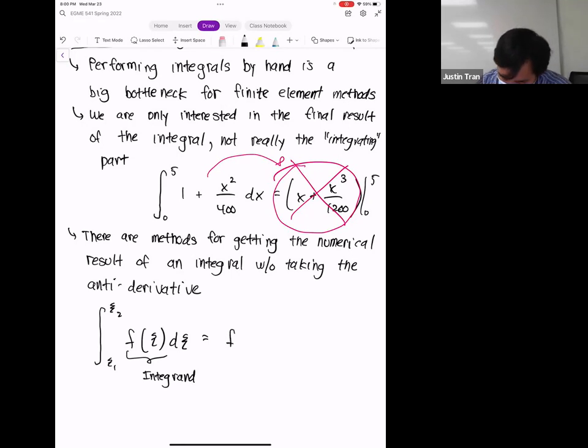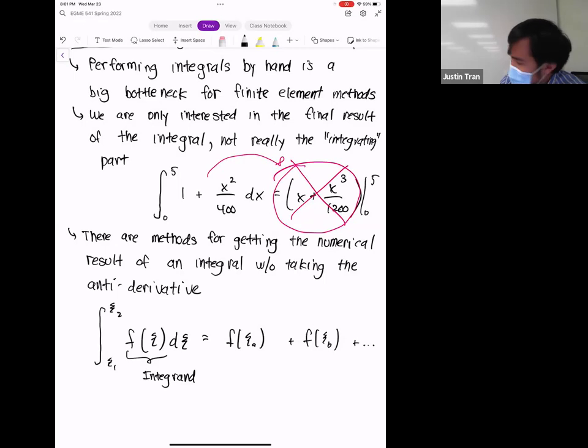So let's call this zeta a, f of zeta a plus f of zeta b, and so on and so forth.